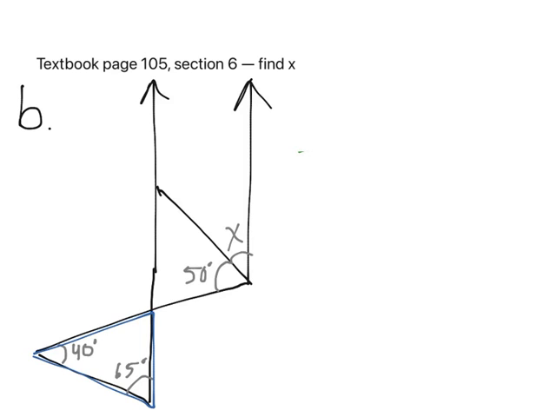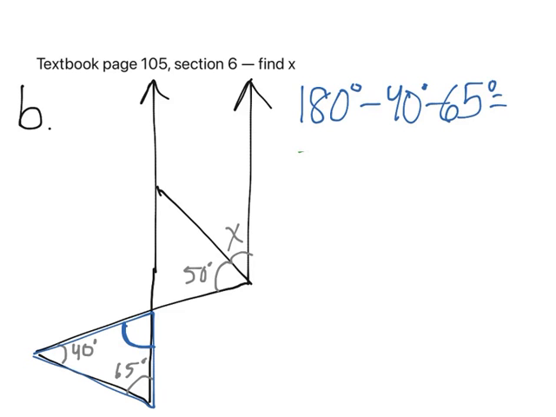We're given two angles, so we can find this angle by taking 180 degrees minus 40 degrees minus 65 degrees. And what do we get? 75 degrees. So I'm going to write that in there as best I can. Perfect.